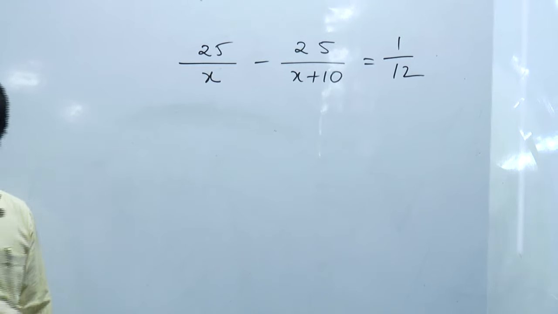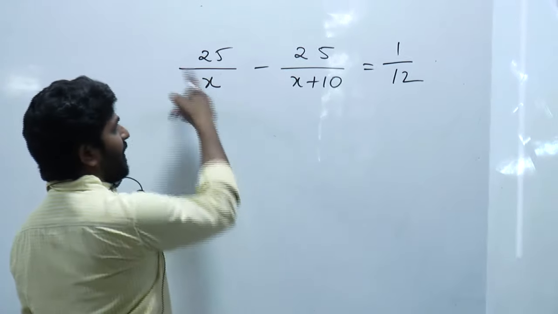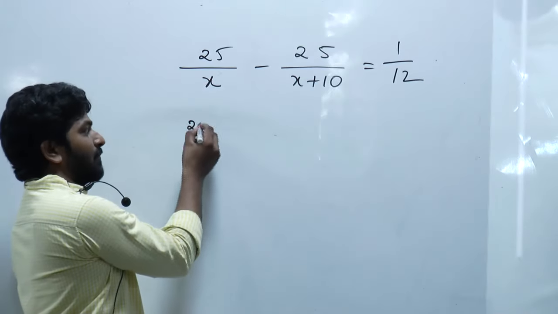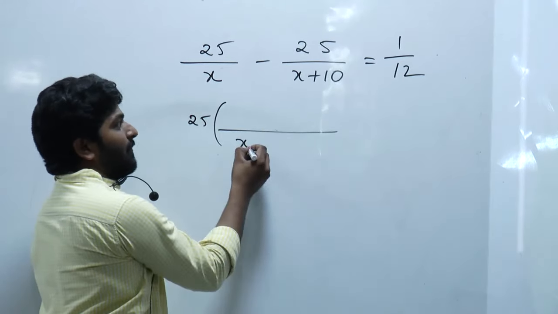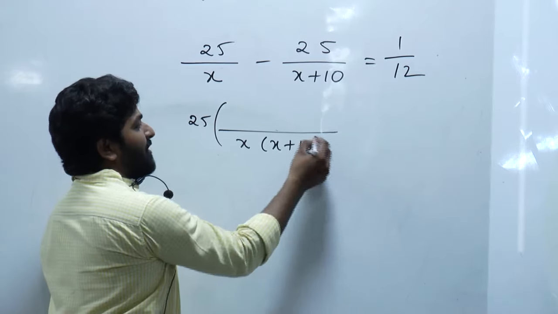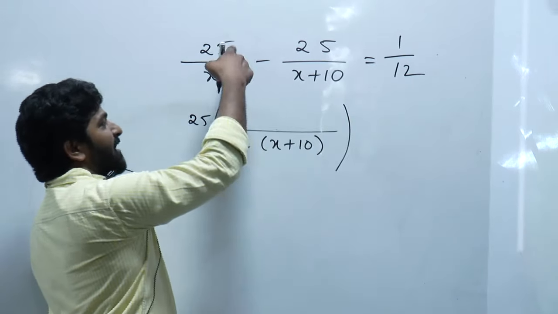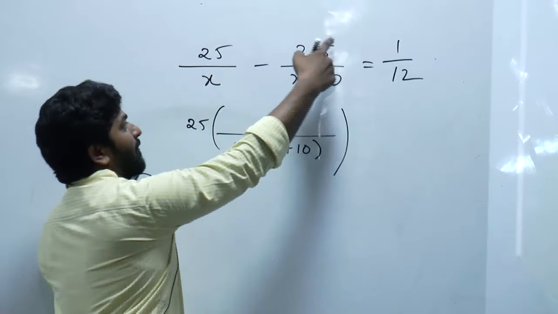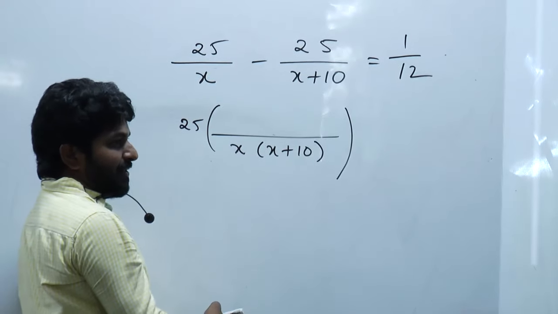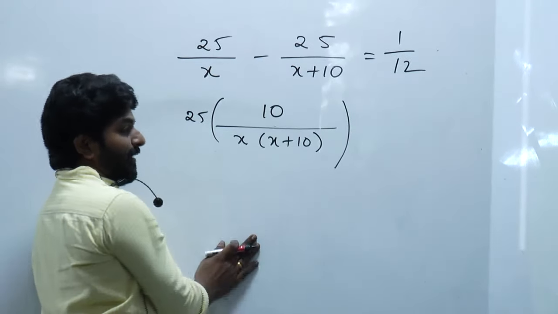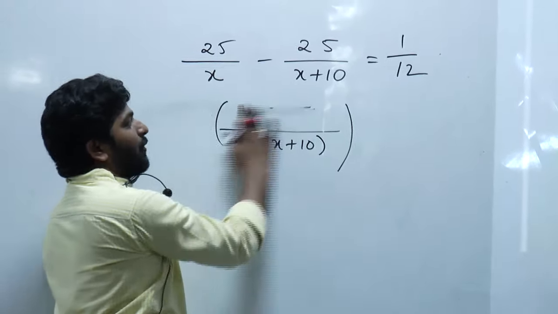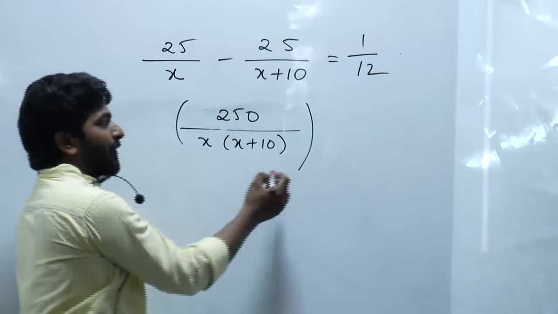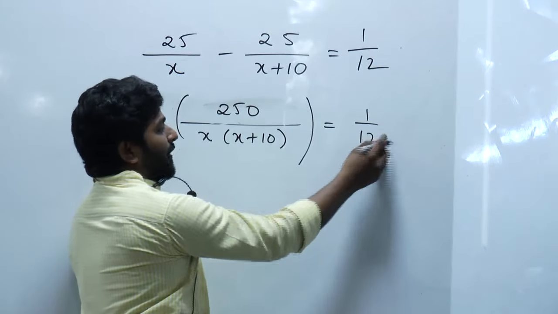Is that okay? Take 25 common. Take LCM. x into x plus 10. x plus 10 comes here, minus x comes here. That will be 10. The total value becomes 250 over x into x plus 10, equal to 1 by 12.